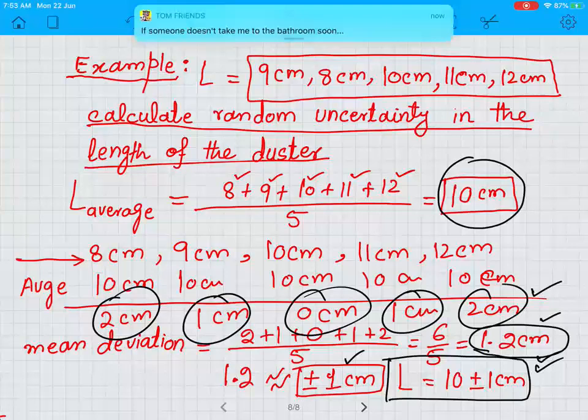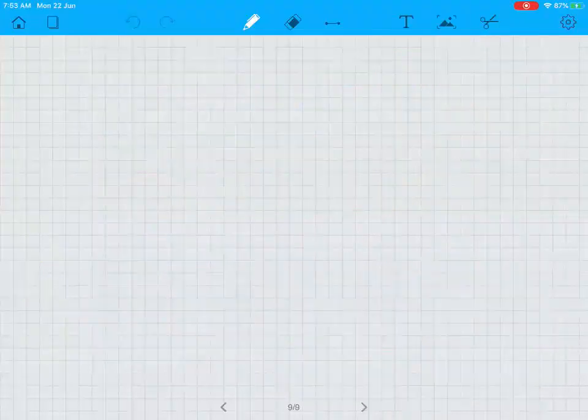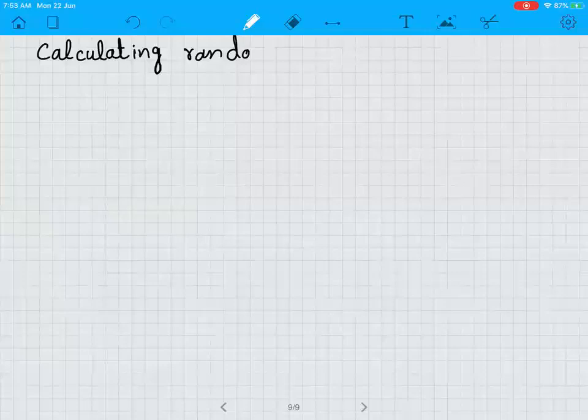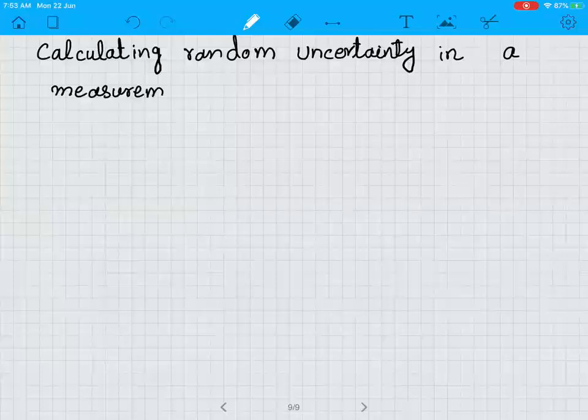Now, calculating random uncertainty in a measurement is a topic that we'll cover tomorrow.